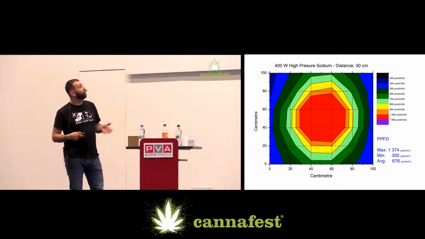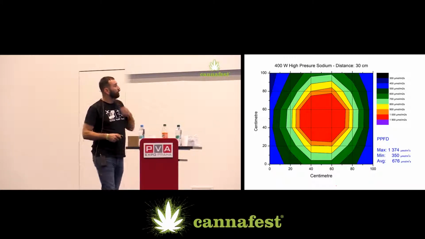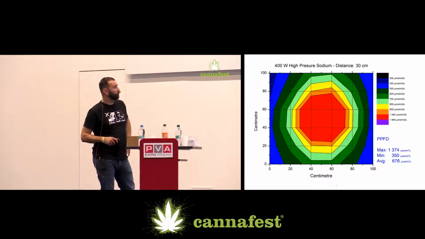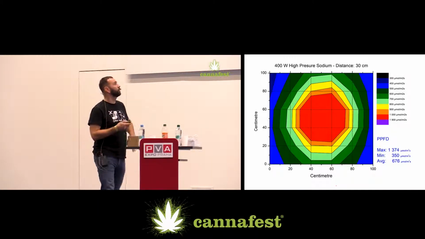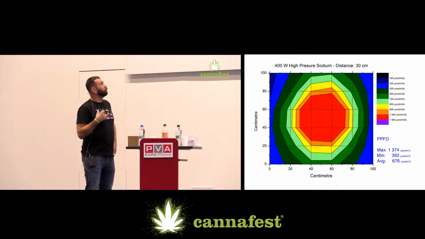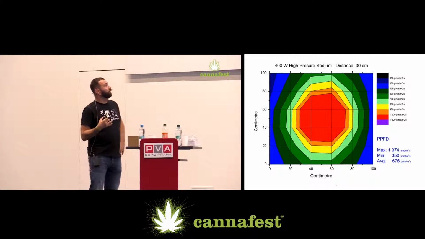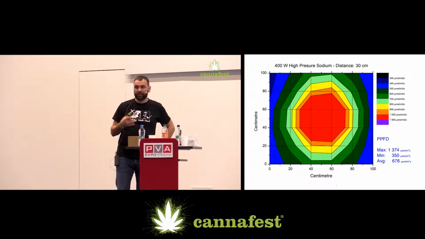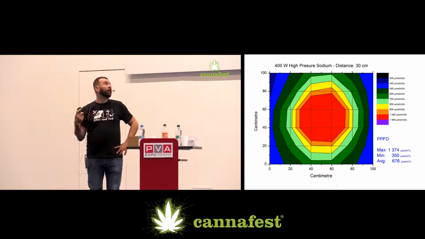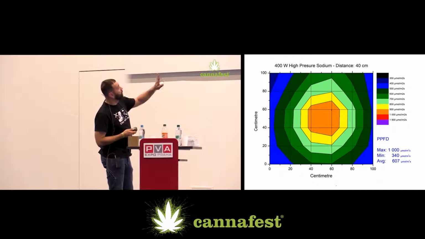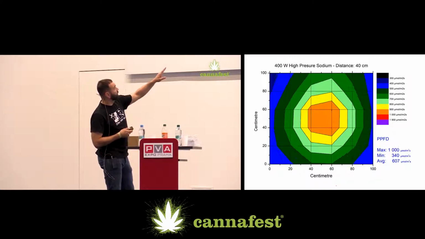But that's what's normally used. It works. The minimum values 350, 476, that's not bad. But from my point of view, a 400 watt discharge lamp is the best solution in terms of energy savings.